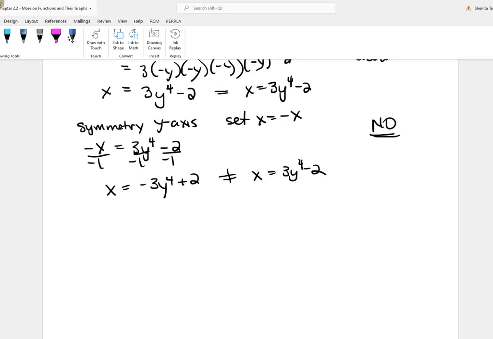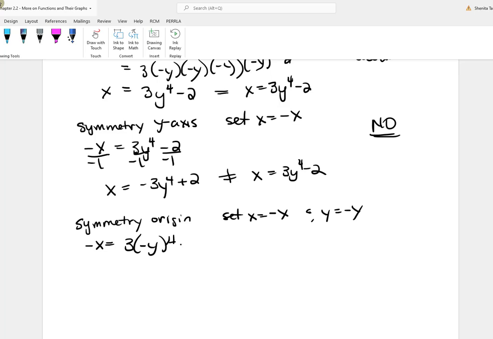So now let's see if it's symmetric about the origin. We're going to set x equal to negative x and y equal to negative y. So we get negative x is equal to 3 times negative y to the fourth minus 2.